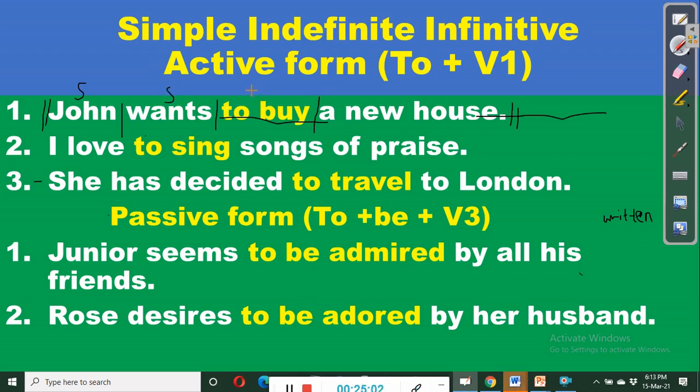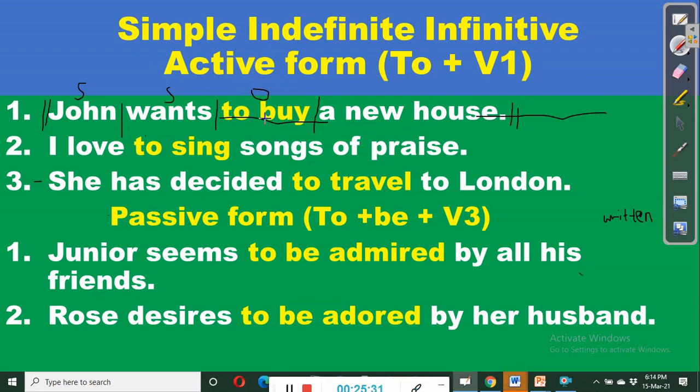Now to buy is the object, because if we say John wants and we put a dash here, what will you ask naturally? The question will be, John wants what? You know, what does John want? You can say John wants a car. John wants a new house. So a noun can replace to buy here.